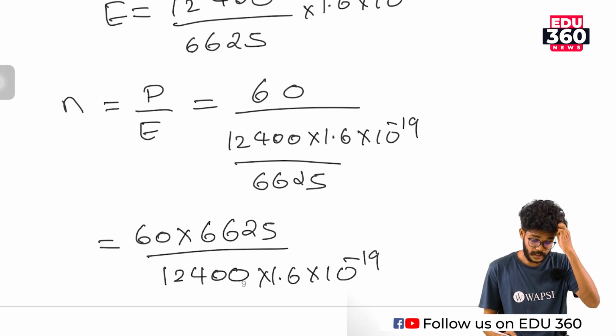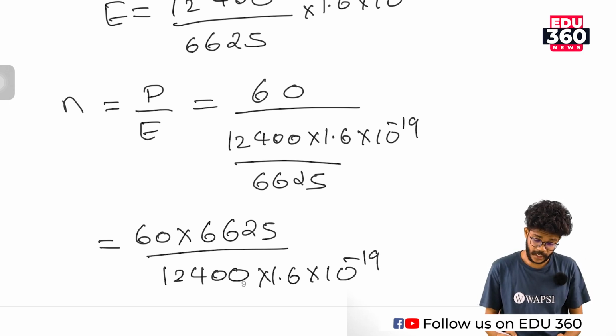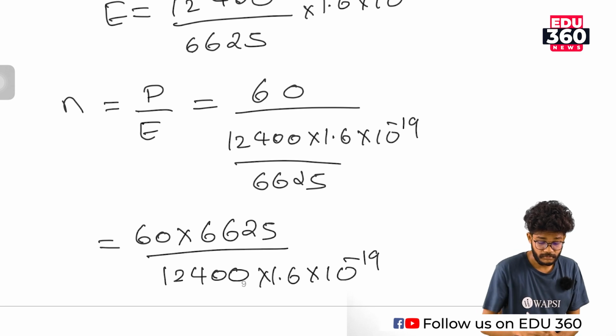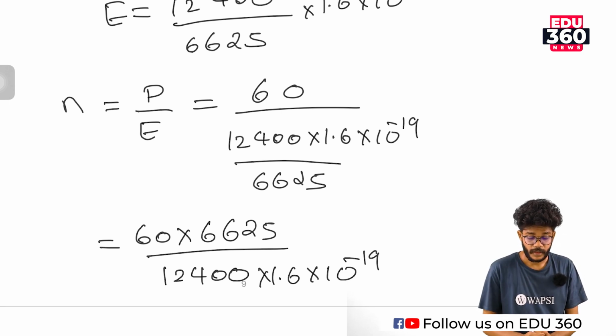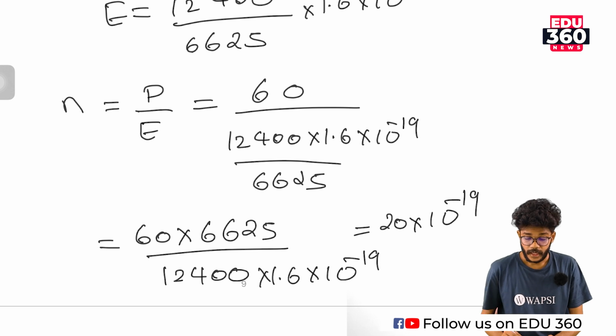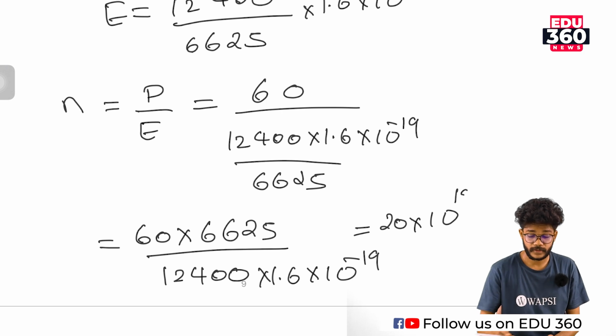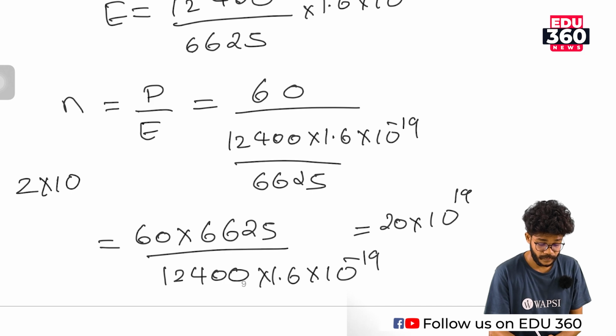Okay, this is approximately, 10 raised to minus 19 can go to the numerator, and 6 into 6,000 is 36,000 by 12, which is approximately 2, and with the zero, 20 into 10 raised to 19. So the final answer is 2 into 10 raised to 20.